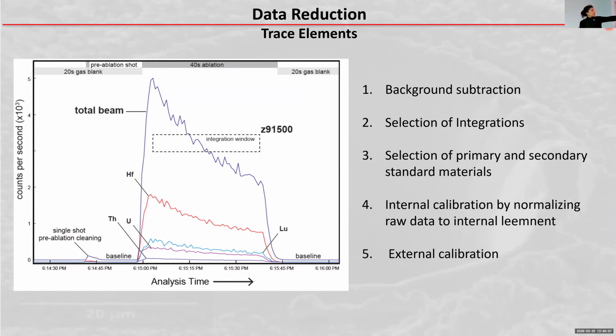Then you can select whatever selection you feel comfortable with. A lot of people are very strict and select everything just to be statistically conform. And then you pick your standard material, your primary standard materials. You select your secondary standard materials as a quality control, and then finish your calibration and get your concentration data.